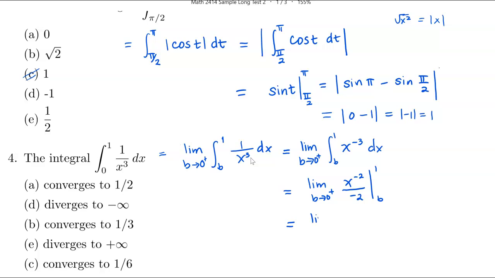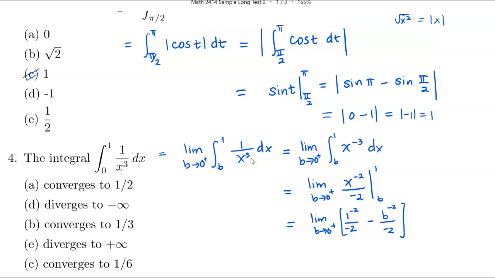So you have the limit as b approaches 0 plus of 1 to the negative 2 over negative 2 minus b to the negative 2 over negative 2. Or you could actually take out that negative 2, right? Okay, so anyway, let's just simplify this.